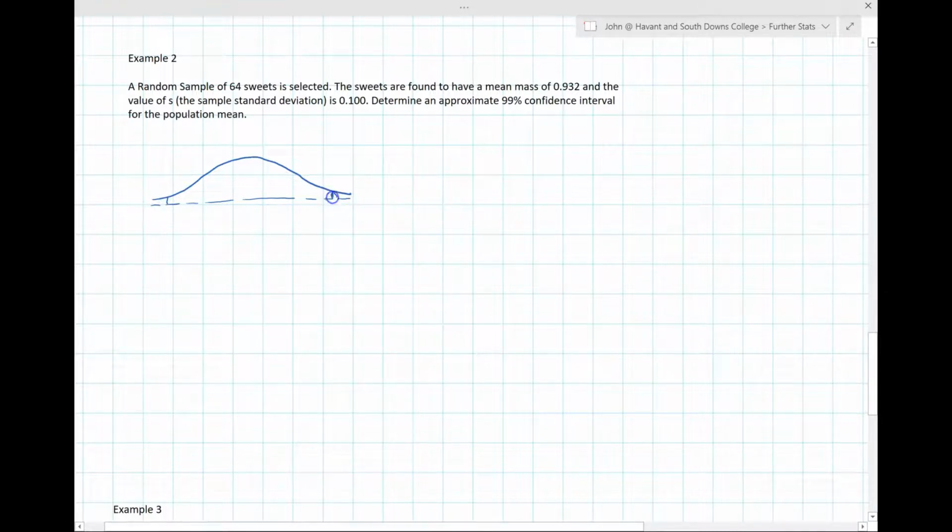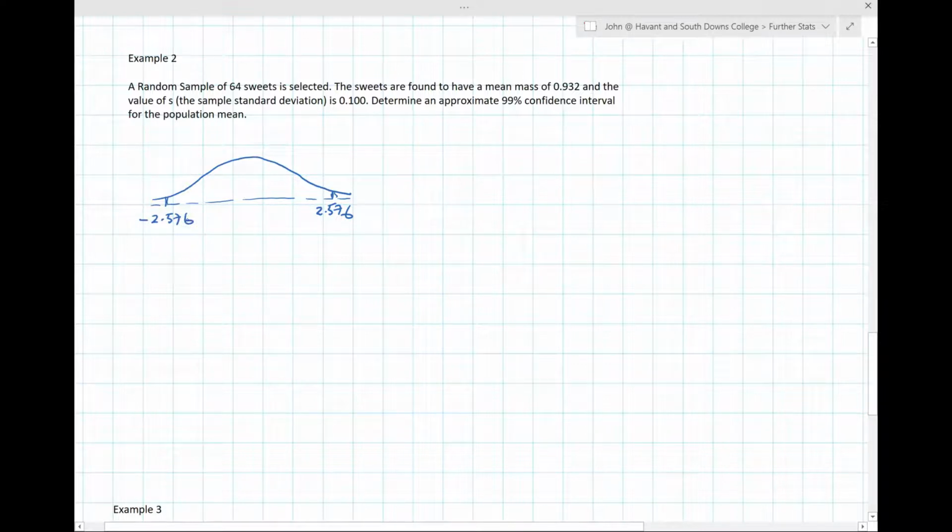For 99%, we're going to put 0.995 in the calculator, or we're going to look in the tables. For 99%, the appropriate Z number we need is 2.576, or minus 2.576.